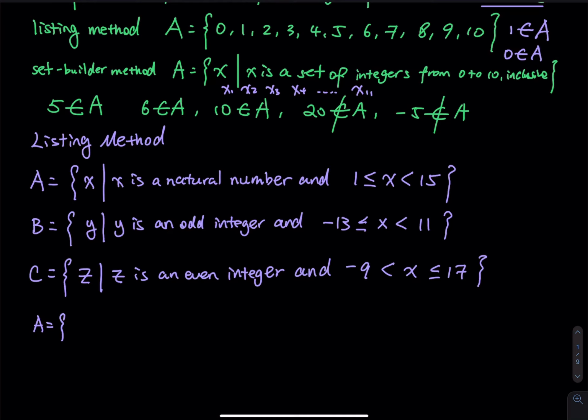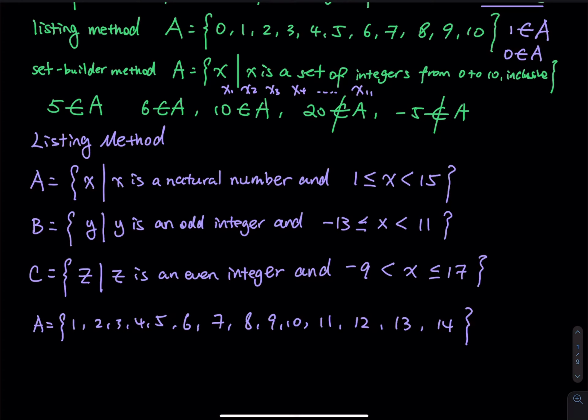If you look at the inequality symbol, there is no equal. No equal means you do not include 15. So we go 1, 2, 3, 4, 5, 6, 7, 8, 9, 10, 11, 12, 13, 14, no 15, because there is no equal. Include 1, but do not include 15.